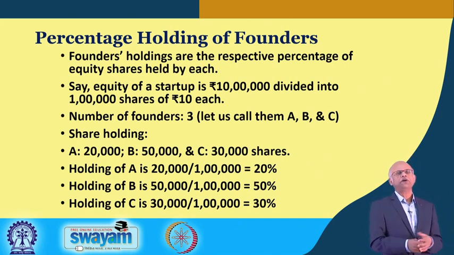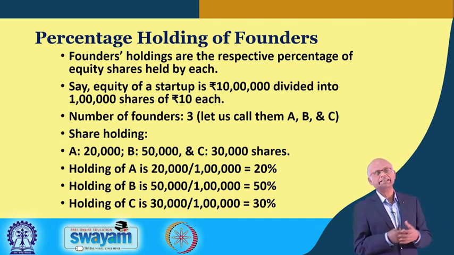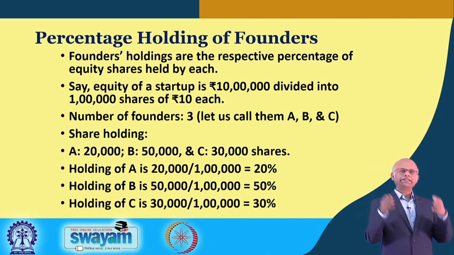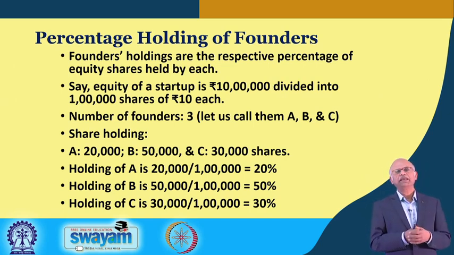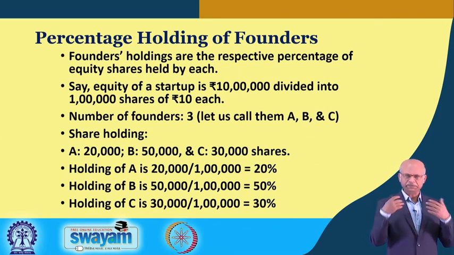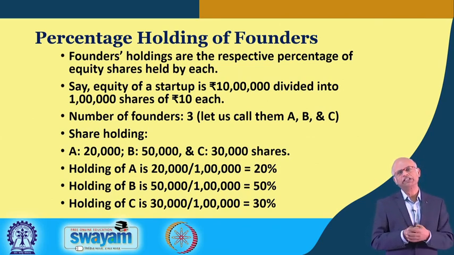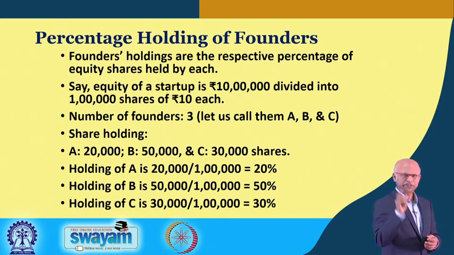There is a concept of par value of shares, meaning you hold some shares in the company. When you bring in 10 lakh rupees total, you decide to define a par value of a share, meaning let us distribute this 10 lakh rupees among some shares.